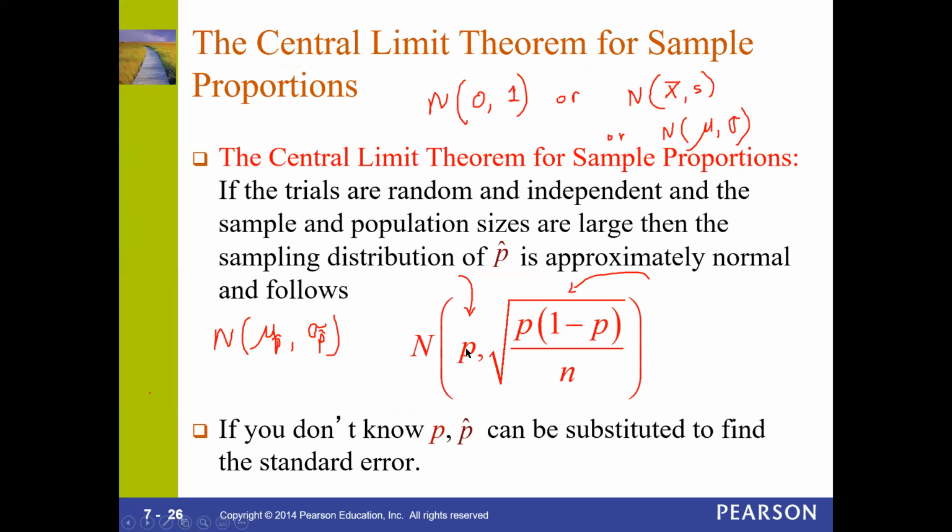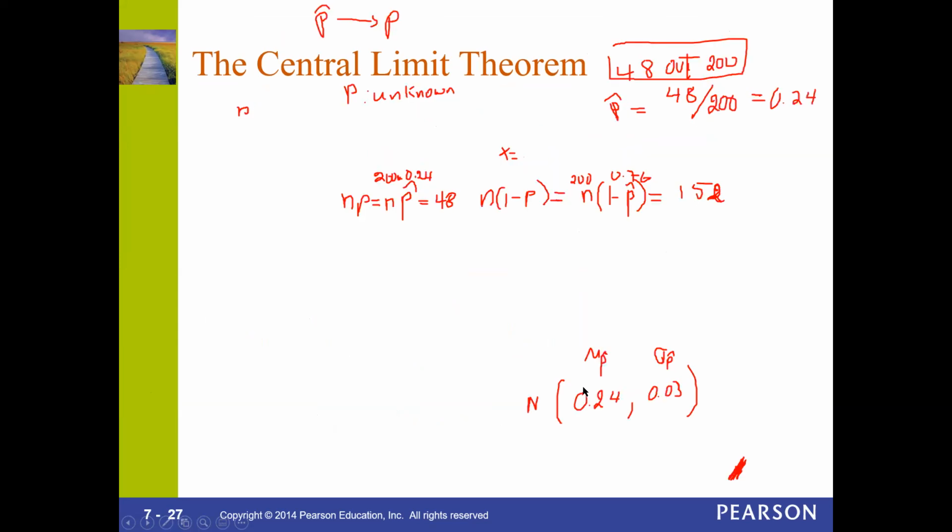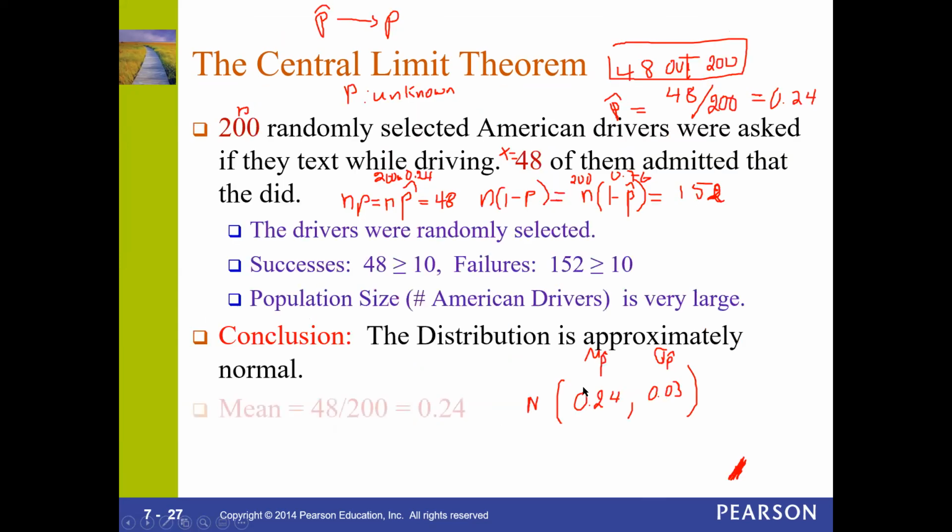You've got the mean, mu P hat, and then the sigma P hat. For the sigma P hat, you use the square root of P times 1 minus P divided by N, or you can use P hat times 1 minus P hat divided by N. We did say that before. Okay, we're gonna continue the class.